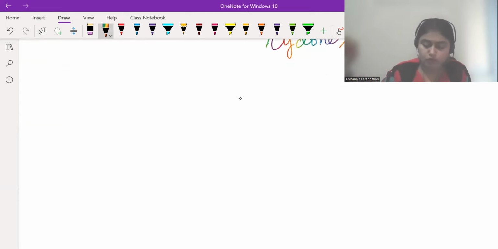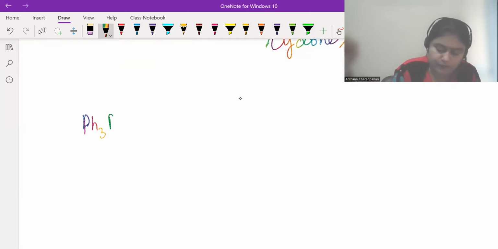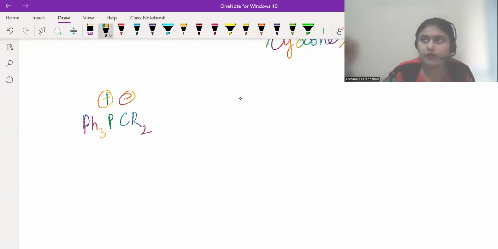Apart from this, you can also utilize it for numerous organic conversions. I'll give you 3 examples to validate this point. So you have triphenyl phosphine, and I'll treat it first with an isocyanate group.